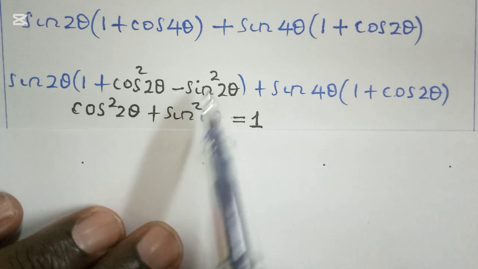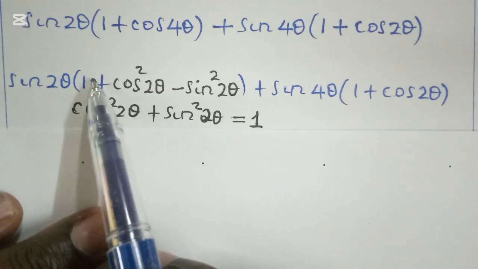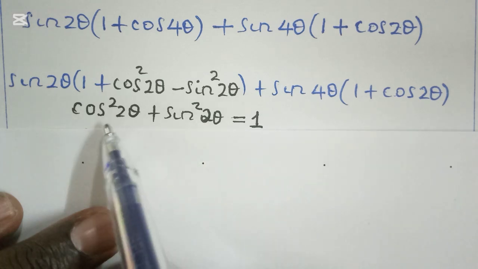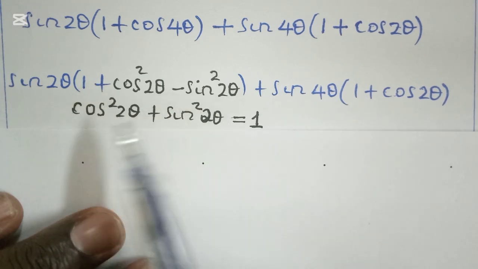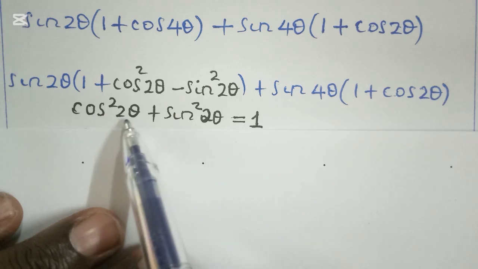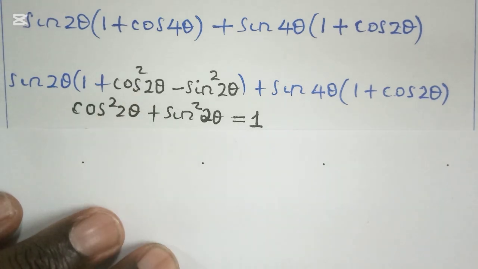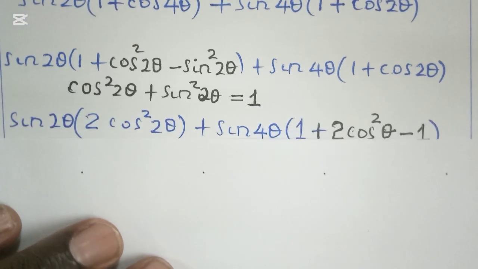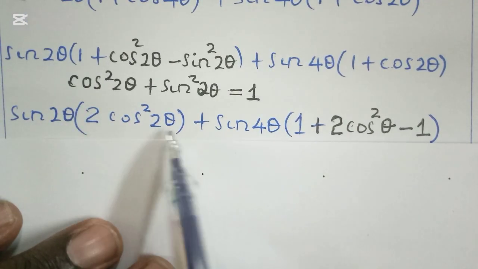So when you put it in place here, guys, the ones are going to cancel because here you have cos squared 2 theta minus 1. One cancels, and then we are left with these two, cos squared 2 theta plus cos squared 2 theta, which gives us 2 cos squared 2 theta, as you can see here guys.